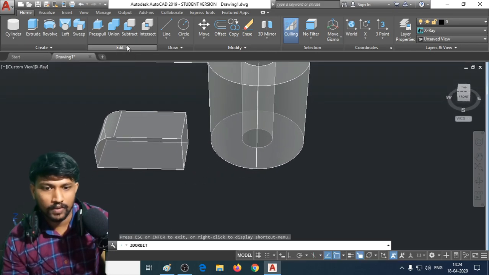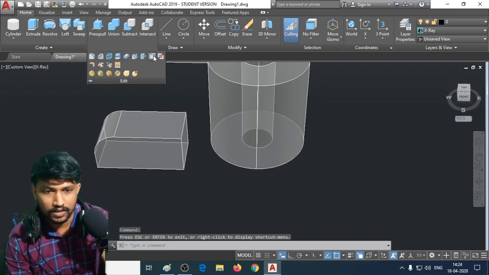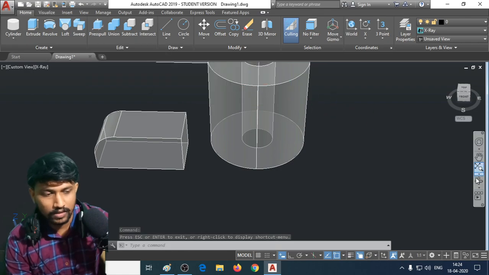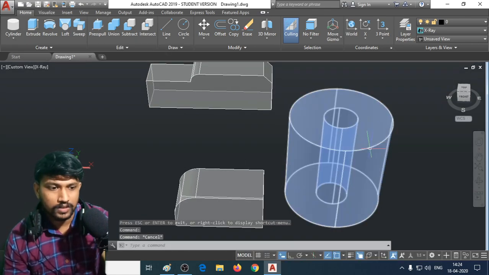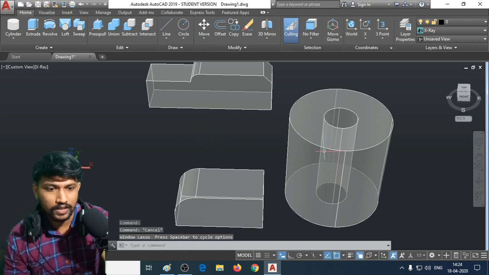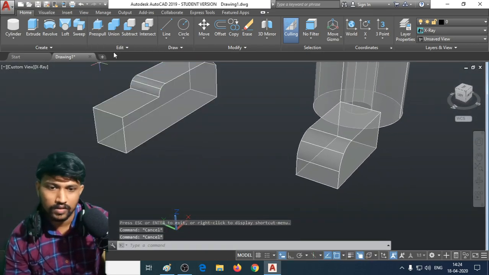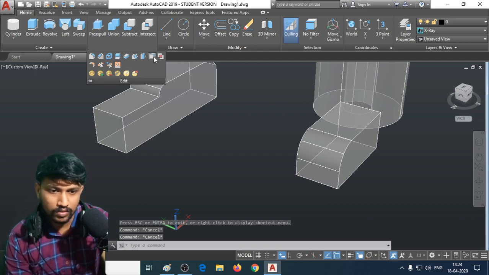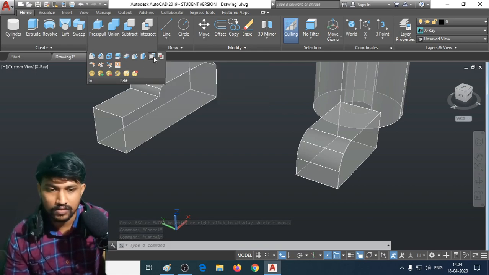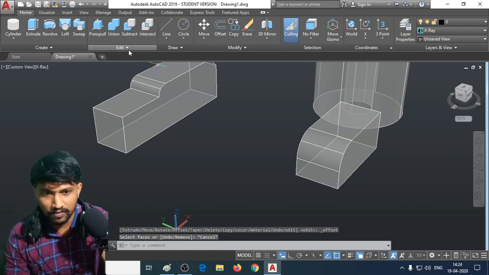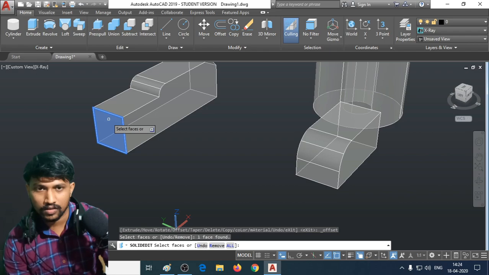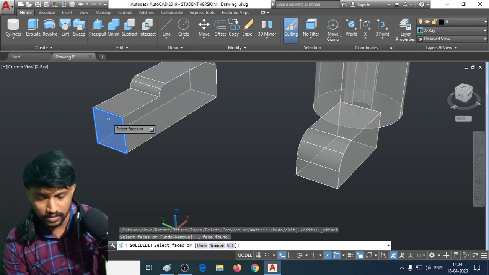I'm going to apply this offset faces command to this particular hole face here, and also to this face here. See, offset can be used to extend a certain face. Suppose if you consider this particular face here, you can extend this face, or you can compress this face.